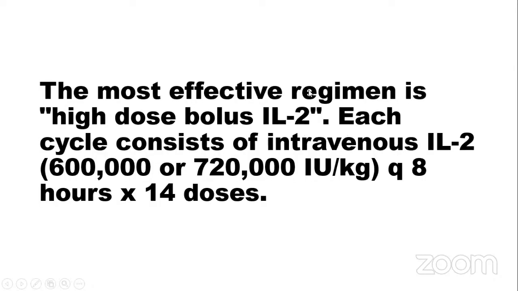The most effective regimen is a high-dose bolus of interleukin. Each cycle consists of intravenous interleukin 600,000 to 720,000 international units per kg, every 8 hours for 14 doses.